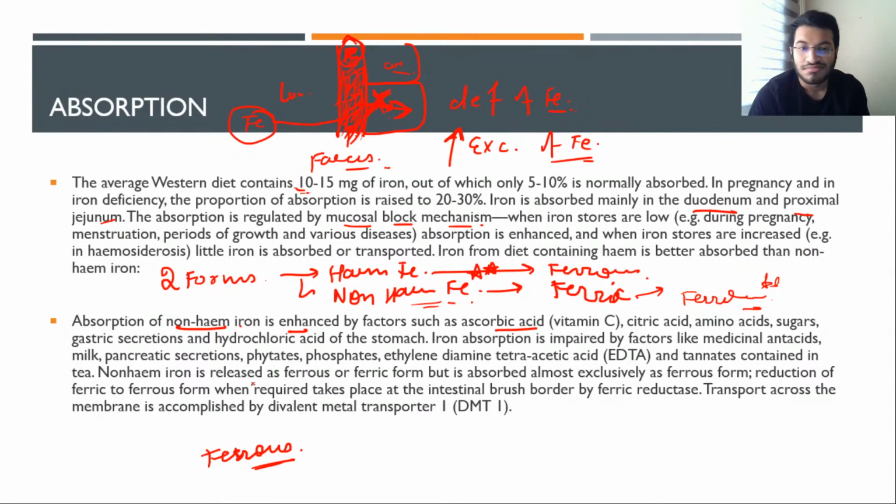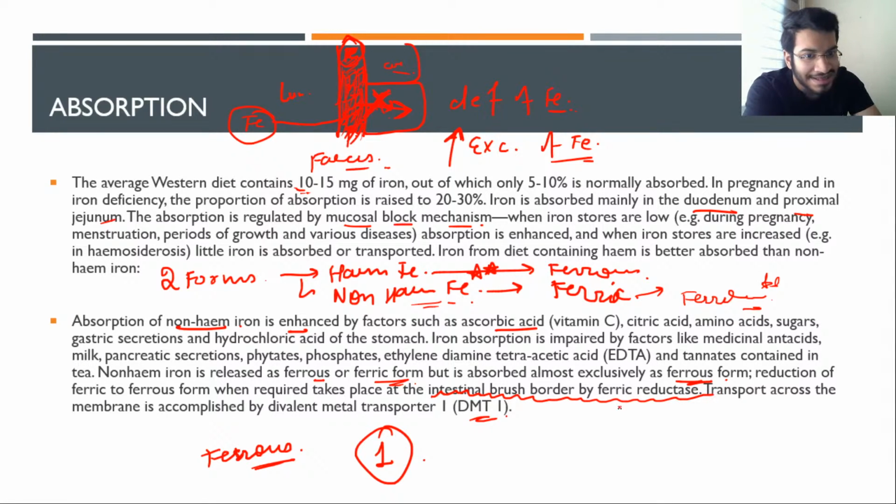So first transport is done by DMT1, right? Non-heme iron is released as the ferrous form, right? And it is in ferric form, and it is exclusively changed to the ferrous form, and reduction of this ferric to ferrous form when required takes place at the intestinal brush border by ferric reductase.